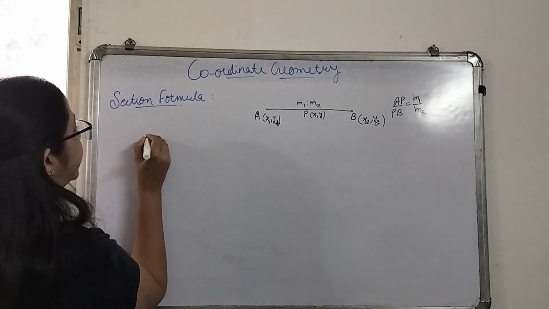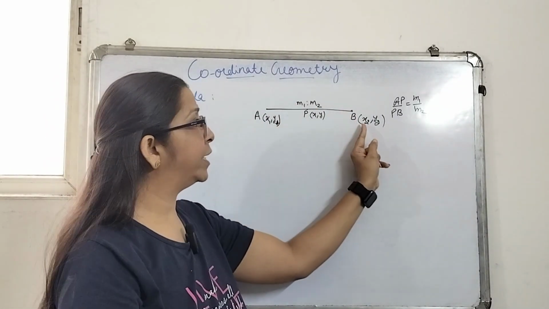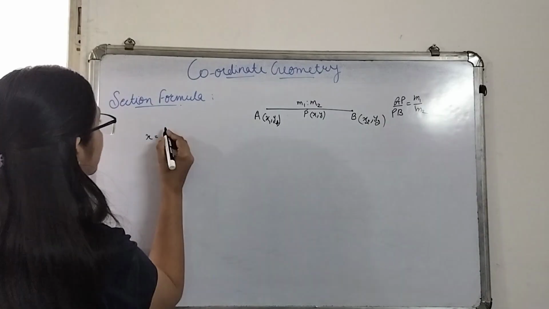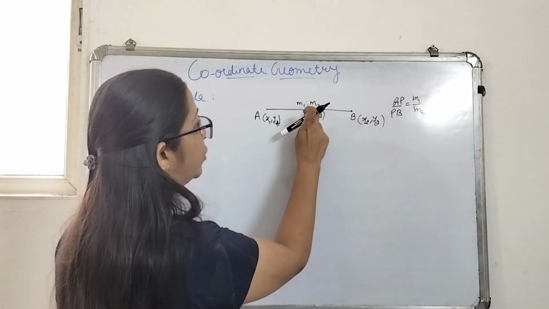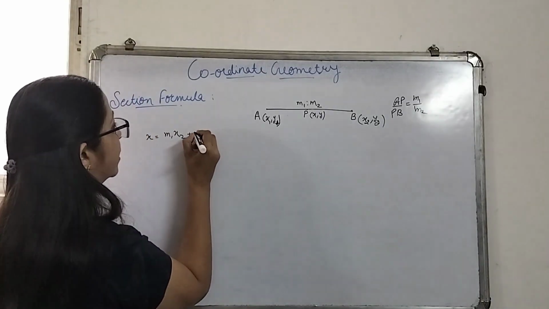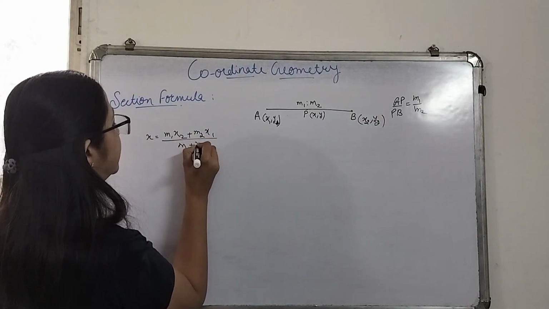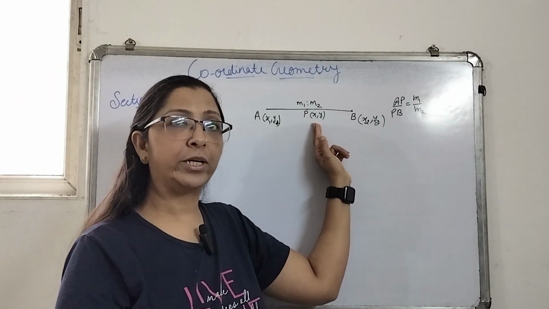The formula for finding this is: the value of x will be m1 multiplied by x2, plus m2 multiplied by x1, divided by m1 plus m2. This will be the value of the x coordinate.